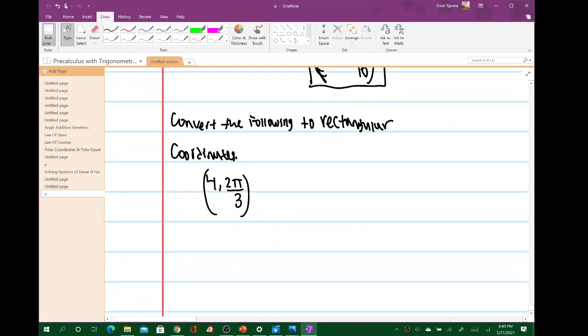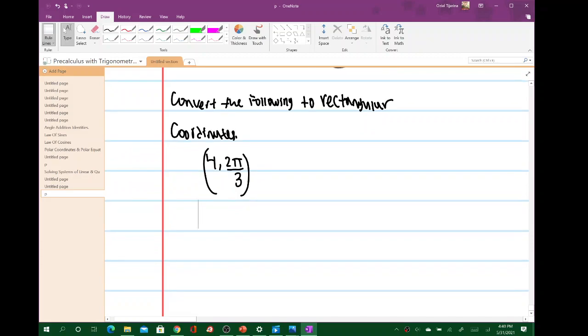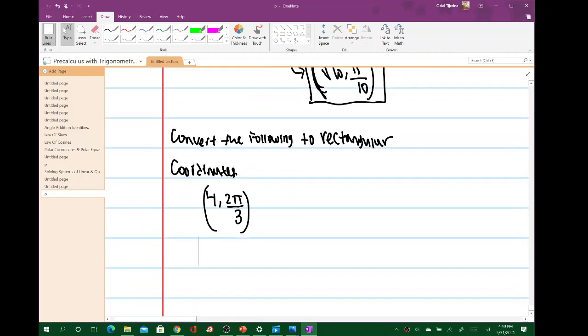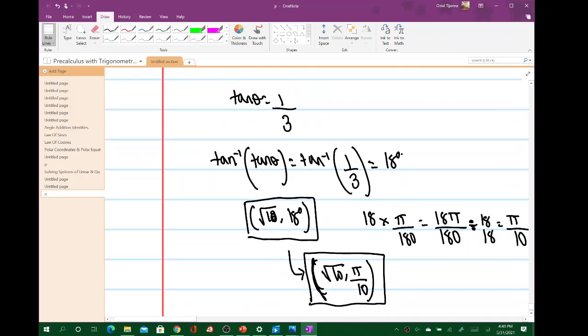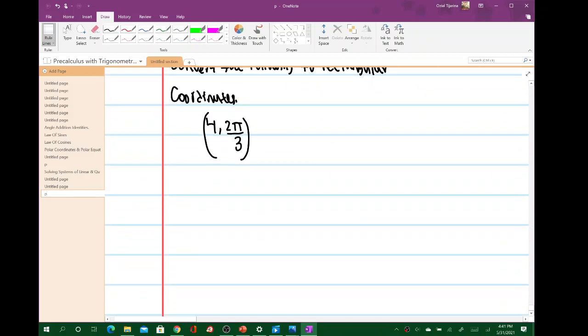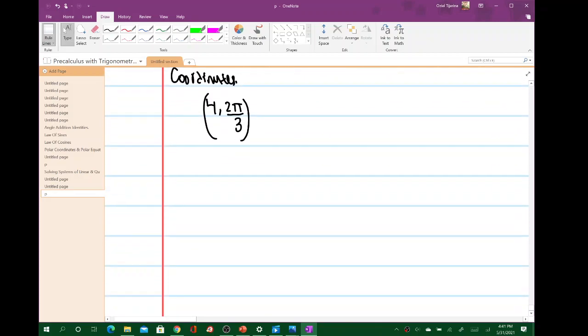So basically now we're doing from polar to rectangular. The last one was rectangular to polar. And this time we're gonna do polar to rectangular. So it's not that hard. It's kind of just going in reverse now.